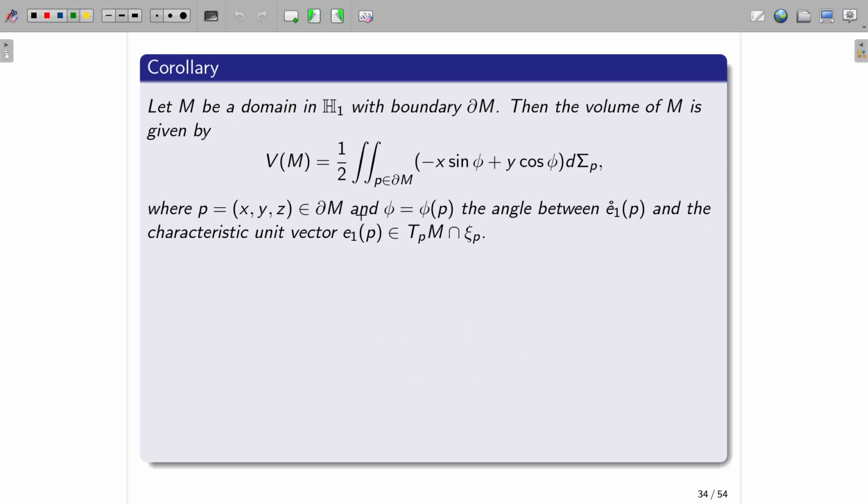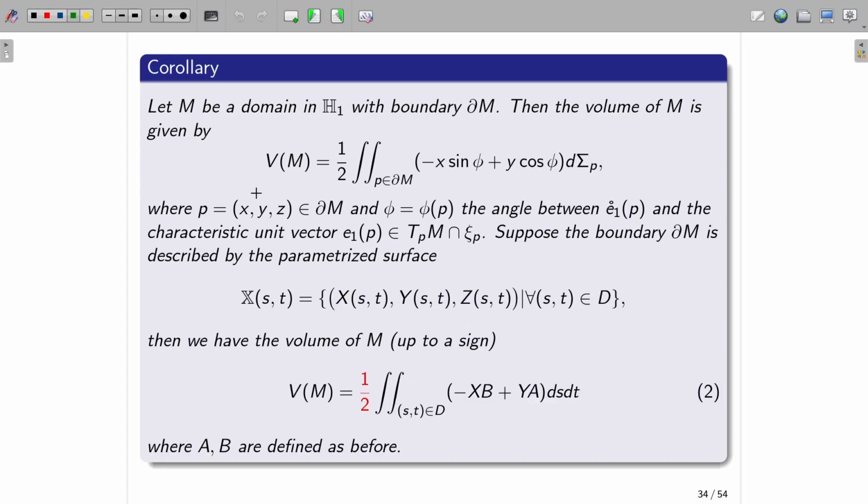So we have the following corollary. Let M be a domain in H1 with boundary, then the volume of M is given by 1/2 of the double integral over the boundary. If the boundary is parametrized by a surface, actually we have the result.